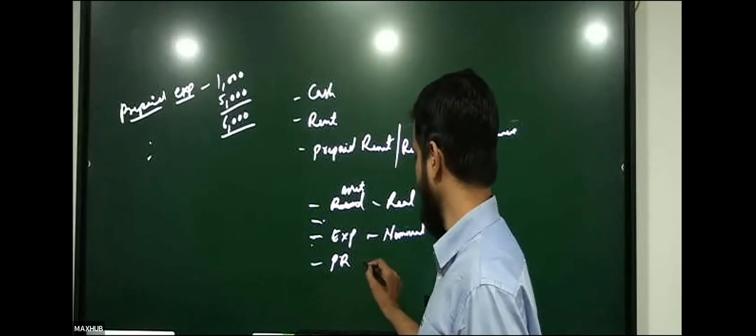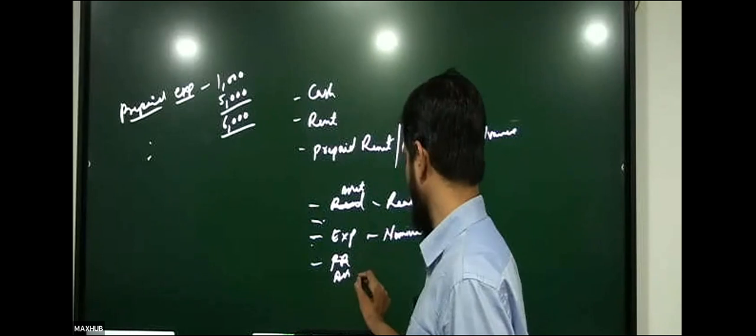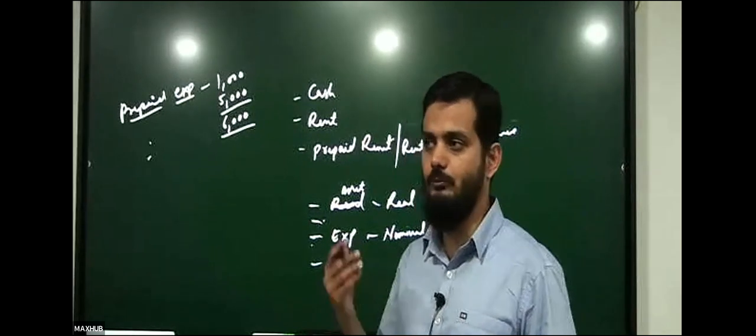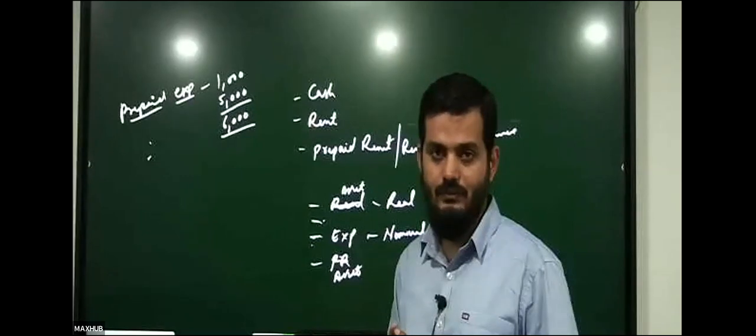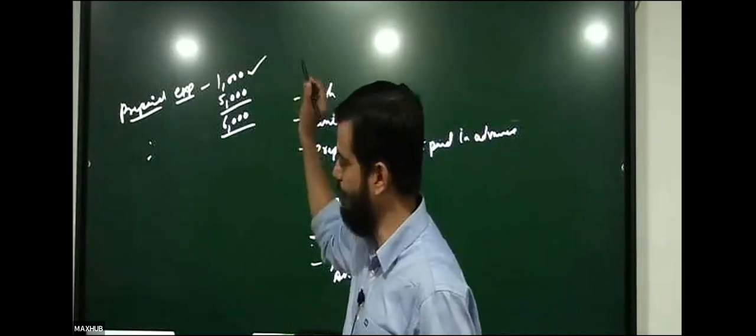If you are giving something in advance, for example, you have to pay in the future but you are paying today itself, the accounting standard says you have to show only 1,000 as of today.